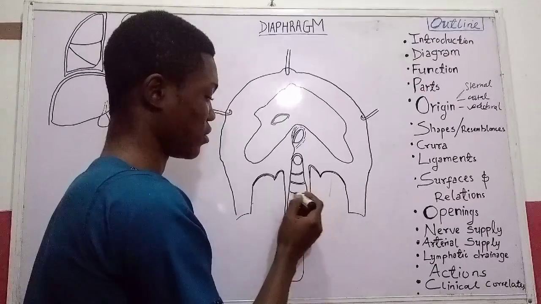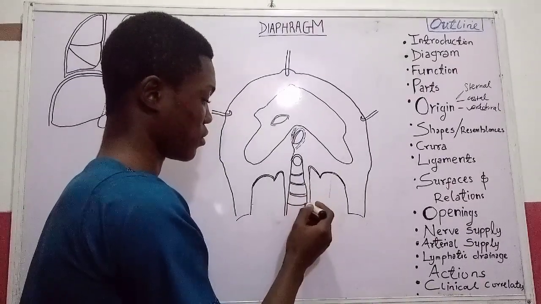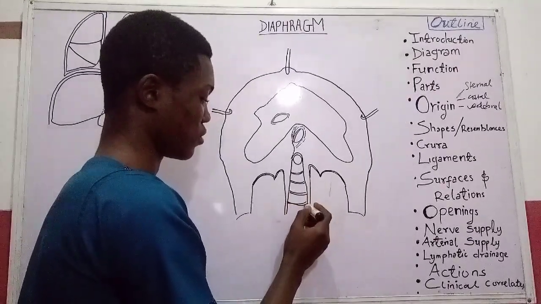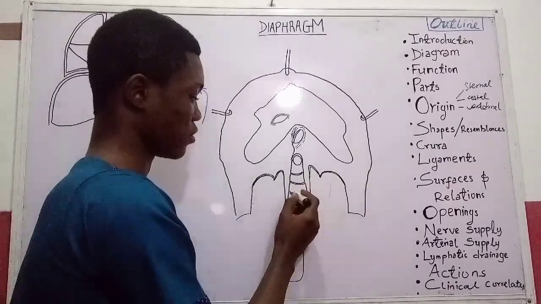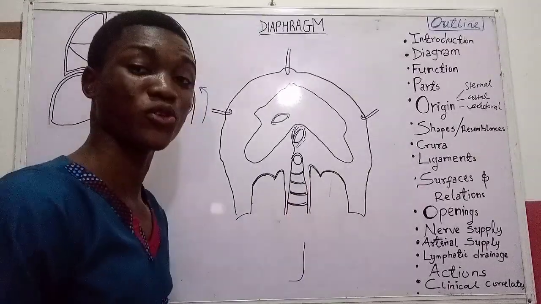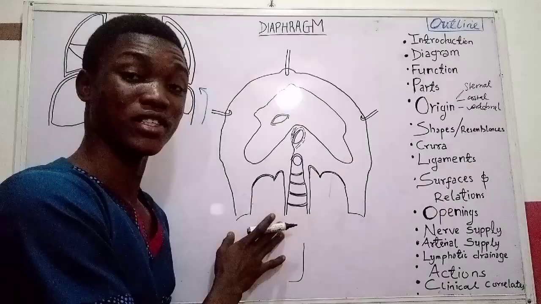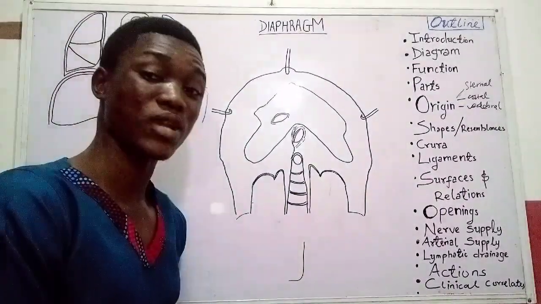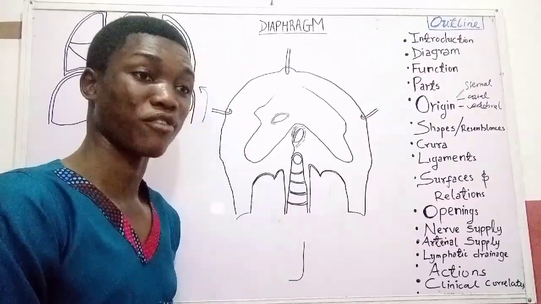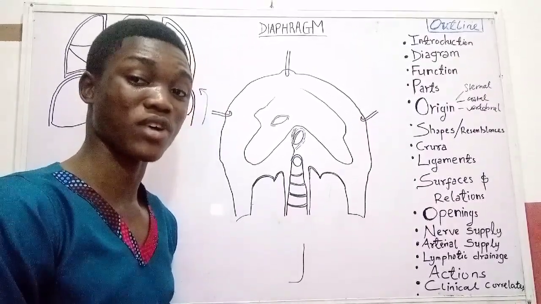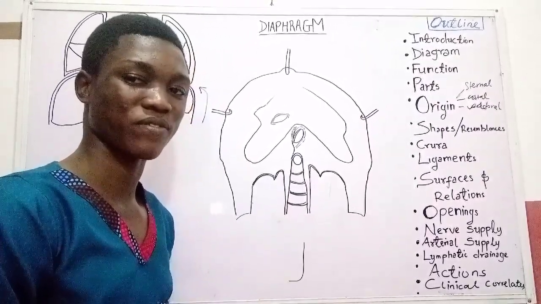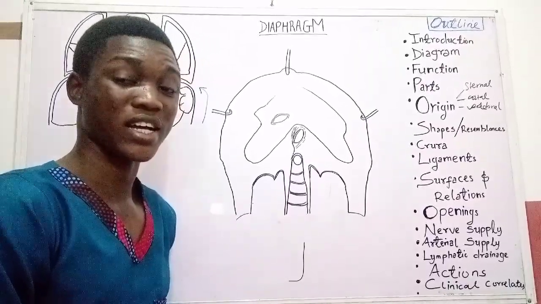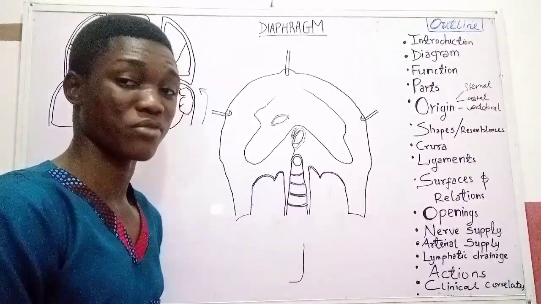As you can see, the right crus originates from the anterolateral surface of the L1, L2, and L3 vertebrae, and also from their intervening intervertebral discs.